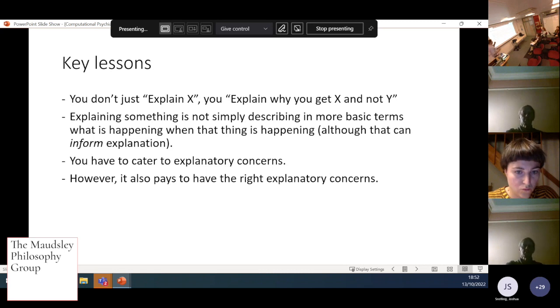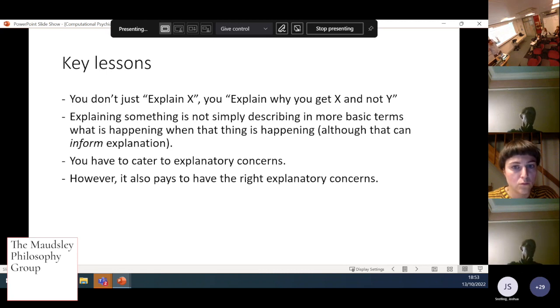Explaining something is not simply describing in more basic terms what is happening when that thing is happening, although that can inform explanation. I think a lot of work in predictive processing is slightly guilty of this fallacy, of saying, well, what's really going on is prediction error minimization.